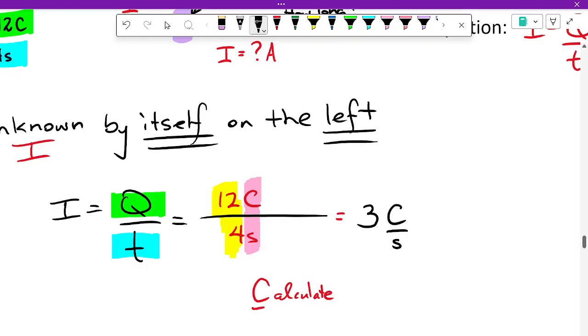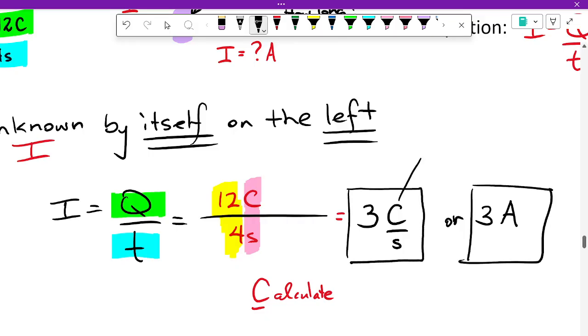And you could actually leave the answer like that, and that would be okay. All right? Or, what's the other way to write the unit of current? 3A. And then you would put a box around it. We have our units. We have our box.